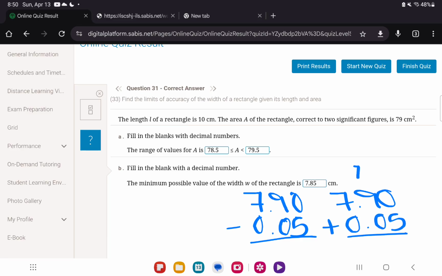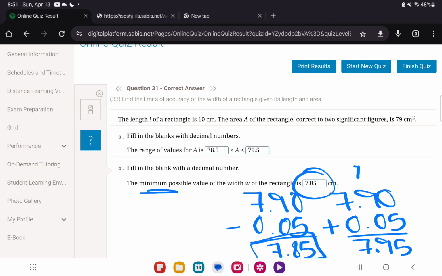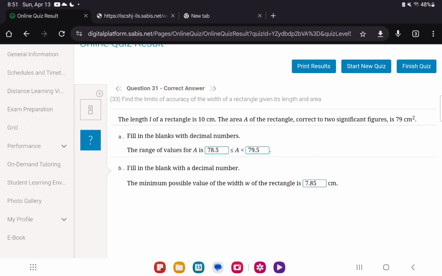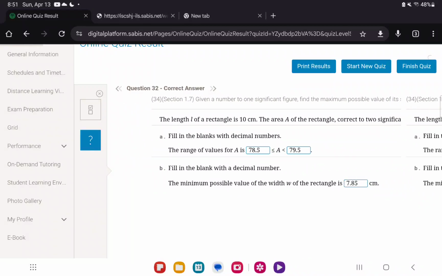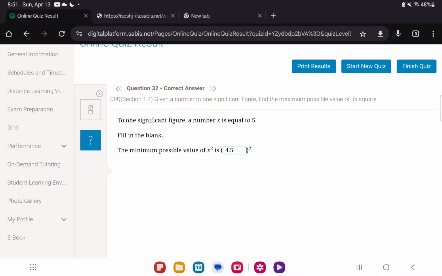You get 7.95 and 7.85. They're asking for the minimum, so the lowest one out of the two. So the answer is 7.85. A lot of people might get confused with this question, so redo it over and over again until it gets stuck in your head, because like you saw, I literally got confused in the last one.